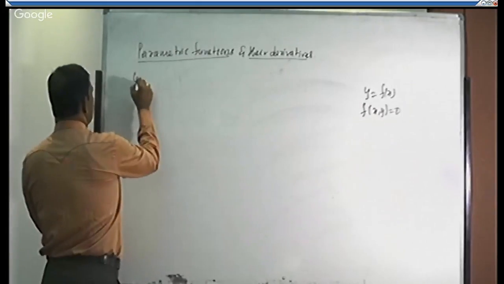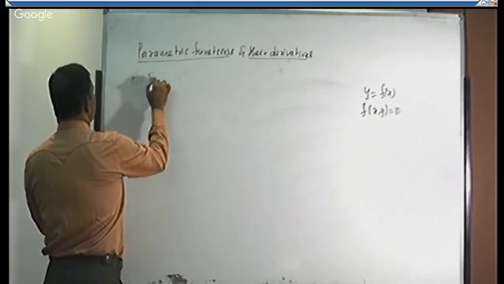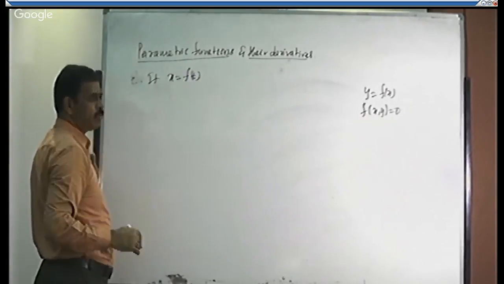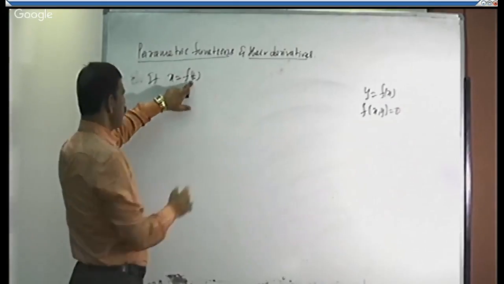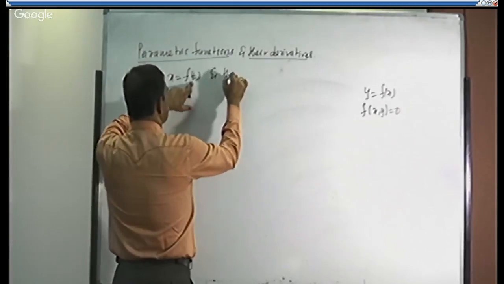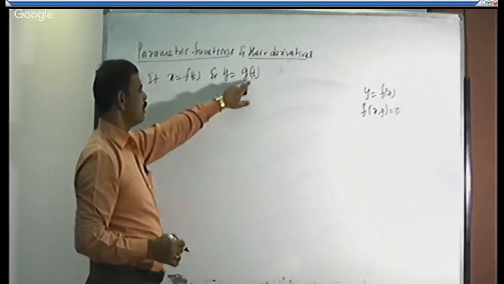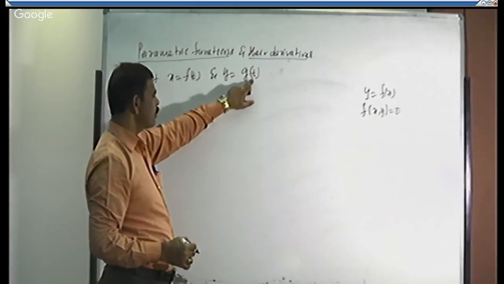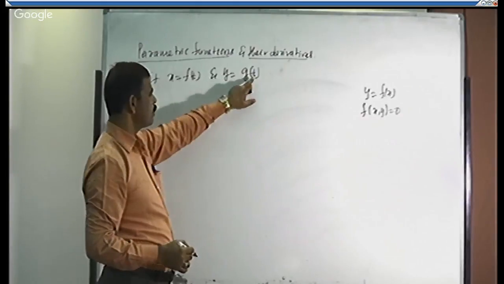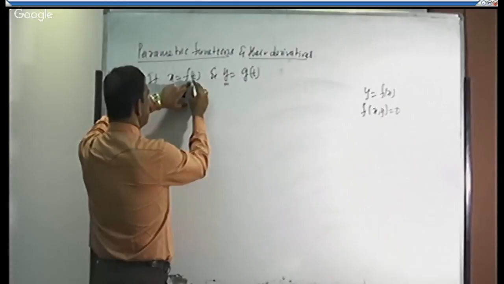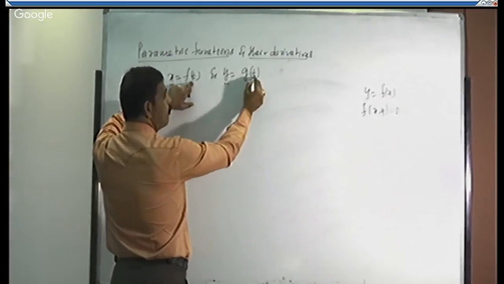See, if x is equal to f of t, meaning x is a function of t, and y is equal to g of t, meaning y is a function of t, both x and y are expressed in t.